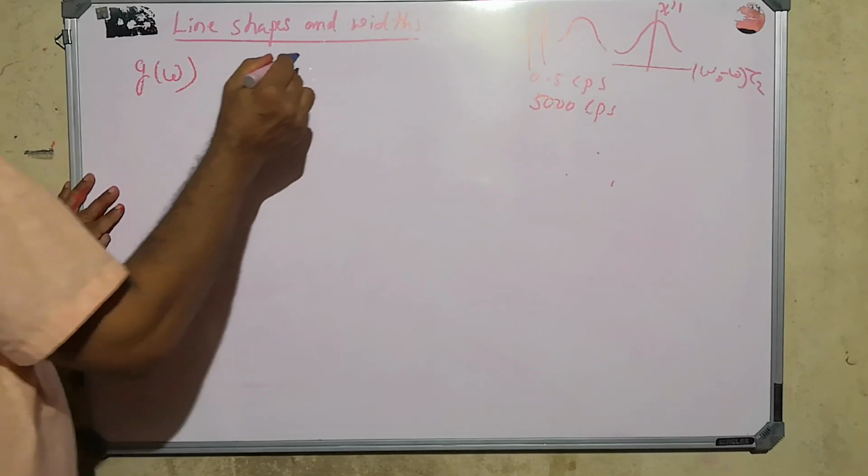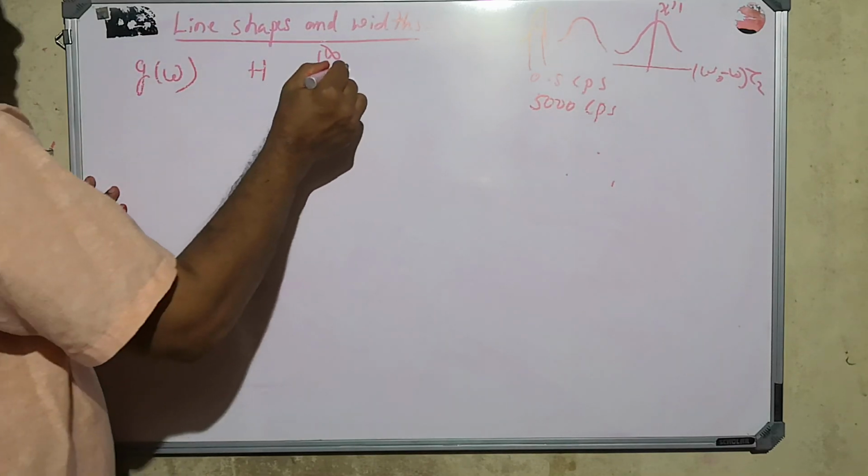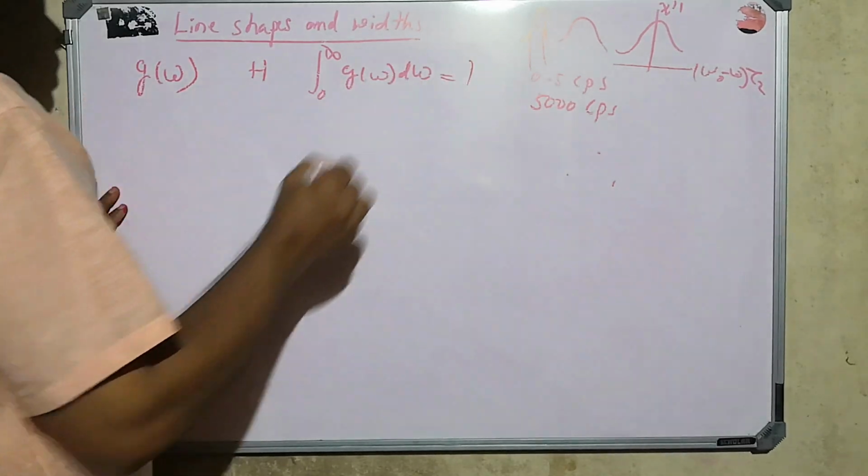That means the integration from 0 to infinity of g of omega d omega is equal to 1.